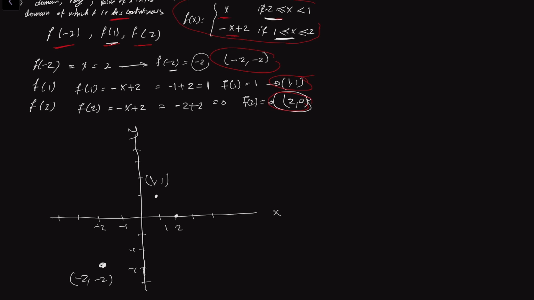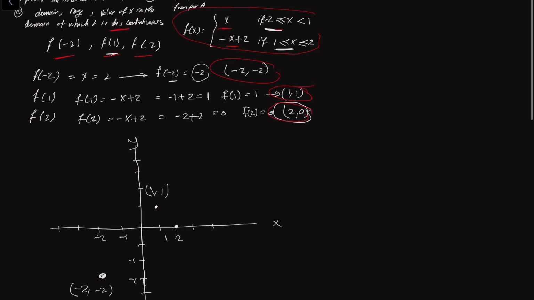They're all solid points because the function is defined at these points: at x equals negative 2, at 1, and at 2. So we're going to graph these points, and that's my function here.